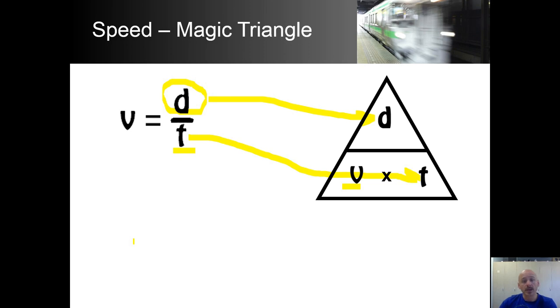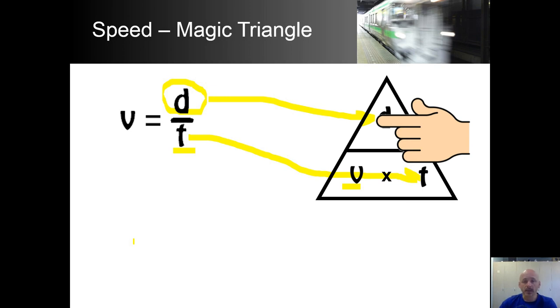So that's how you draw the triangle. You're going to have to know how to do this. In your exam, you will not be given these triangles. You'll be given the formula, and you have to come up with the triangle. If you're solving for d, you just take your finger and cover up the d.